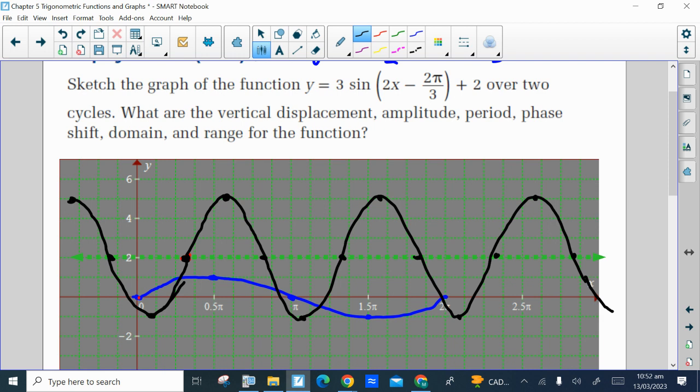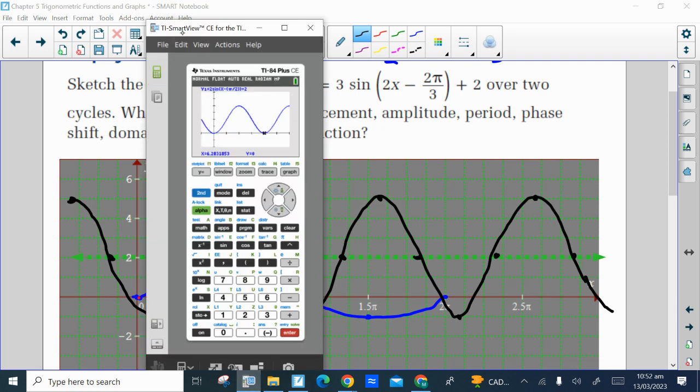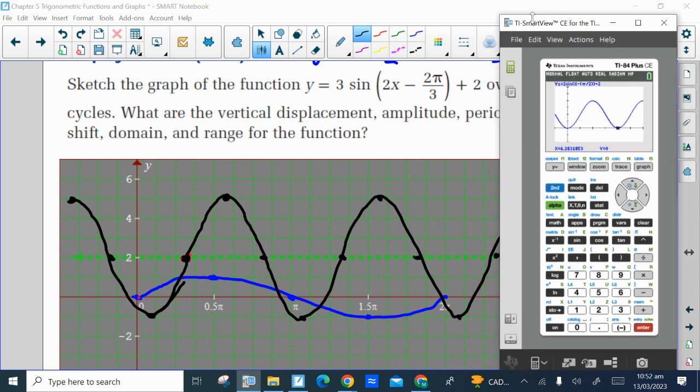Right, and a little more difficult to check points exactly from our calculator. We can certainly make sure that it looks the same.